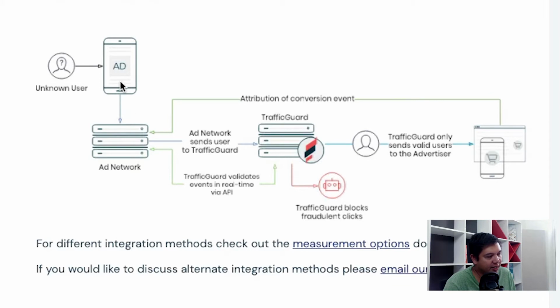So this might help if you have like a group of ads as a publisher that you want to protect against bot traffic. But you can see here that having the database could help, because it could go from the unknown user to the ad network, insert Traffic Guard, and it'll filter out the fraudulent clicks before sending that onto the advertiser.